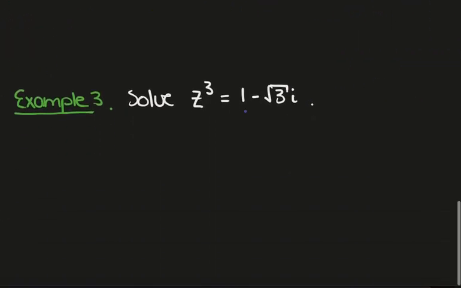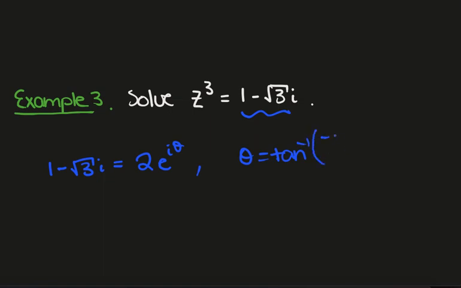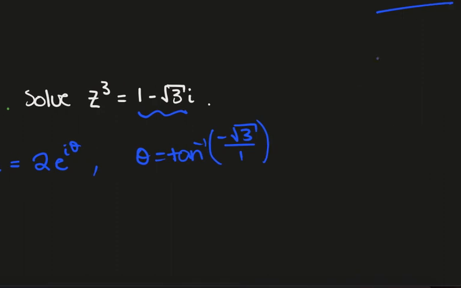Okay, as our final example, let's solve z cubed equals 1 minus root 3i. Again, we're going to write this right hand side in polar form. 1 minus root 3i is going to have a modulus of 2. So it's 2e to the i theta, and theta is given by arctan of minus root 3 over 1.